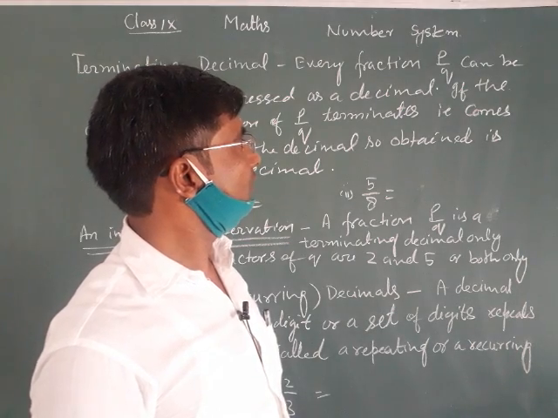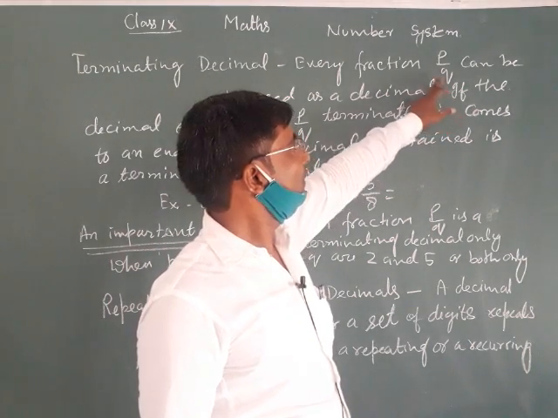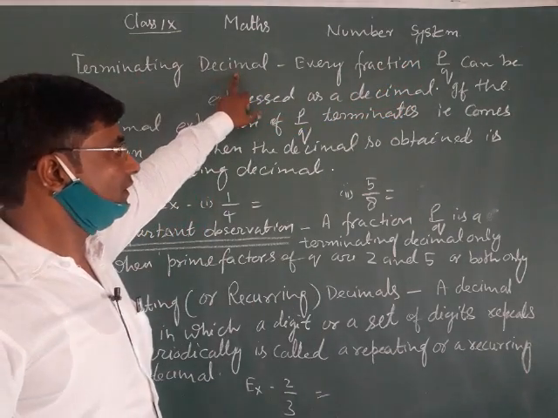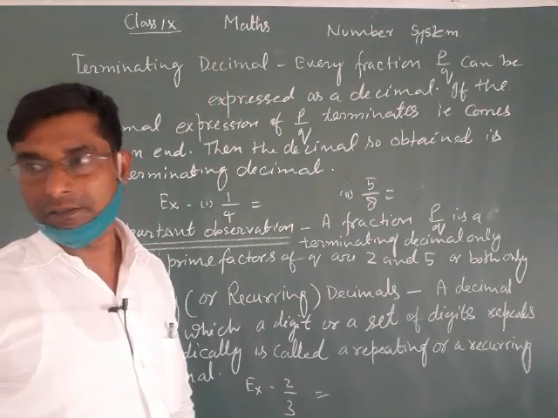So if the remainder becomes 0, then the fraction will be a terminating decimal, otherwise non-terminating.